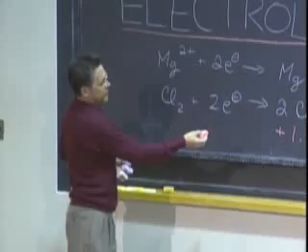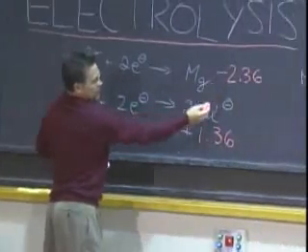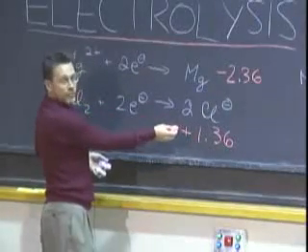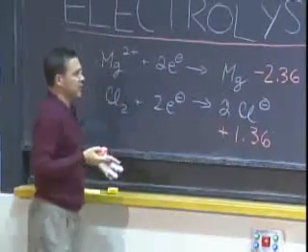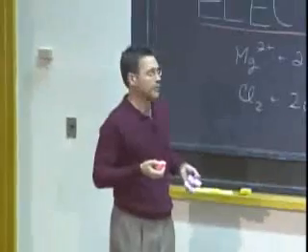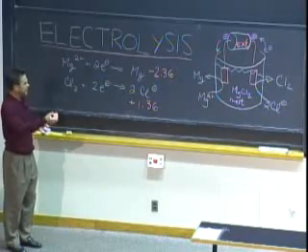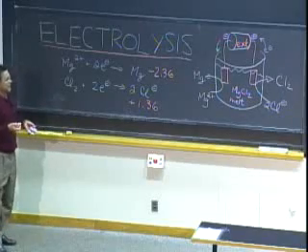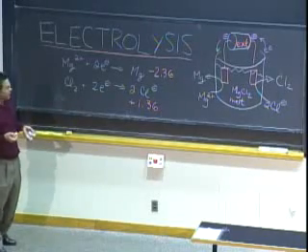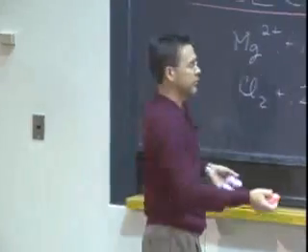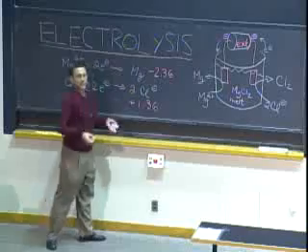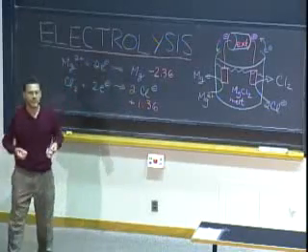And so overall, if you reverse the sign of the anode reaction and add it to the cathode reaction, you're going to see that this one is non-spontaneous by an absolute magnitude of 3.72 volts, which is the absolute difference between these two potentials.